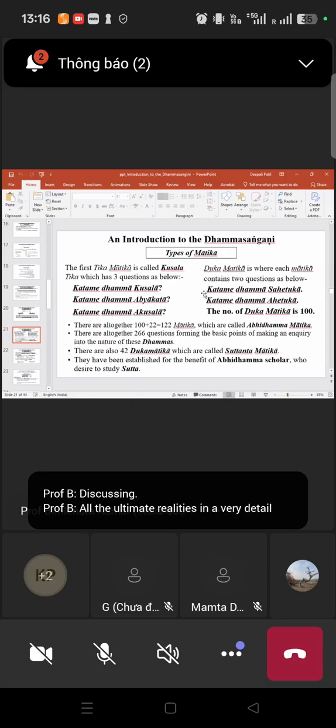So anyone who is interested in a brief manner can go through the manuals, whether it is Namrup Pariched or Paramat Vinishya, Satyasaṅkhepa, or Abhidhamma Avatar by Acharya Buddhadatta. There are 9 manuals which are written.